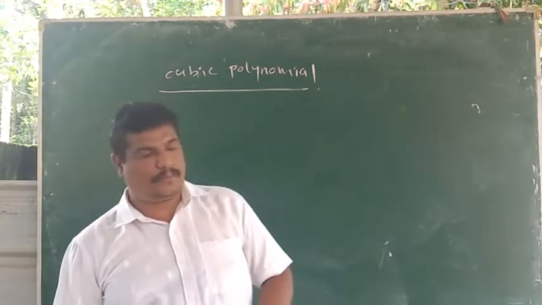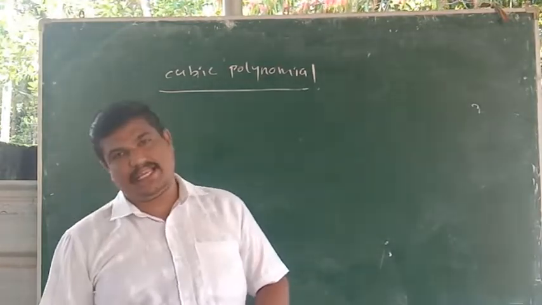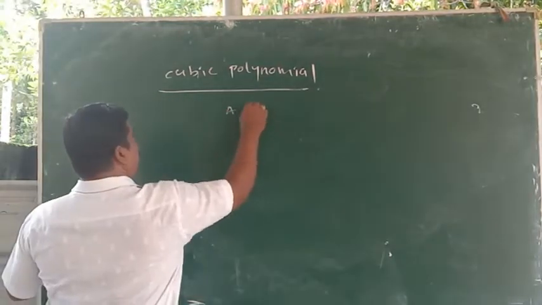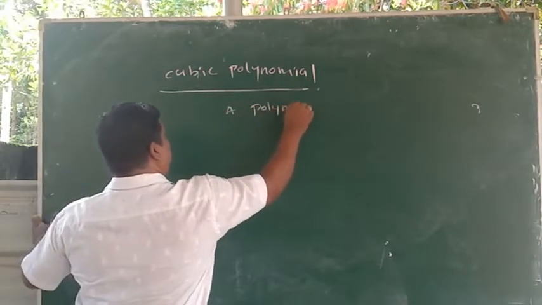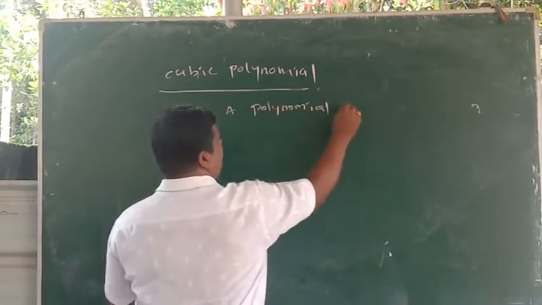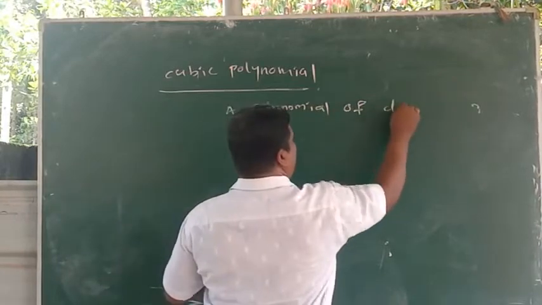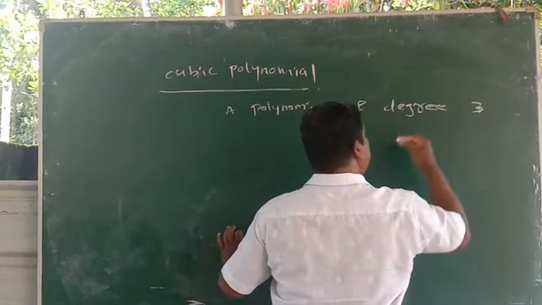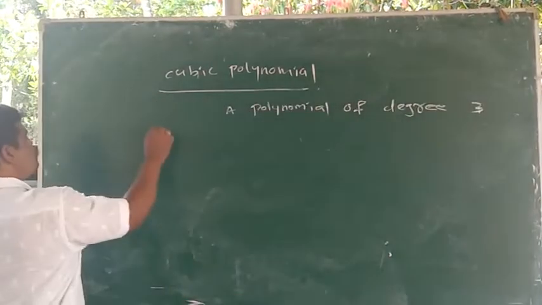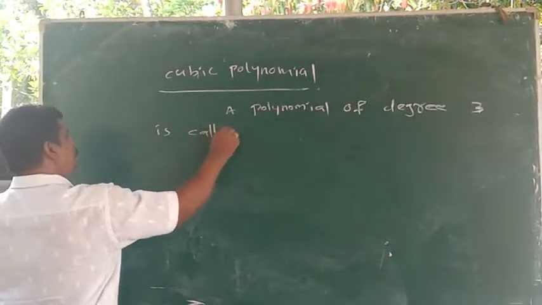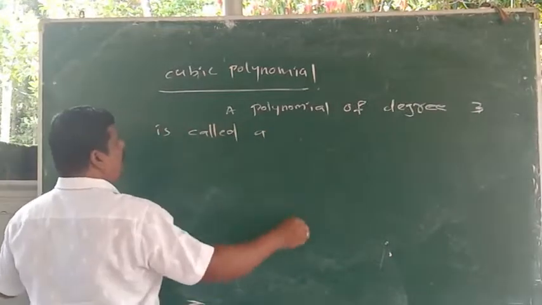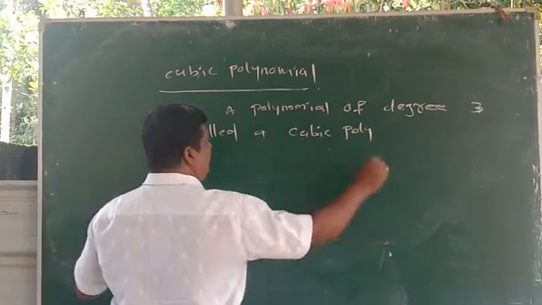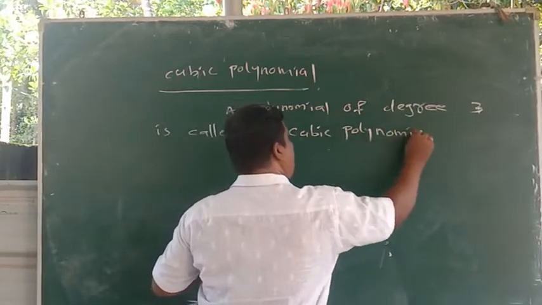Yes, a polynomial of degree 3 is called a cubic polynomial.